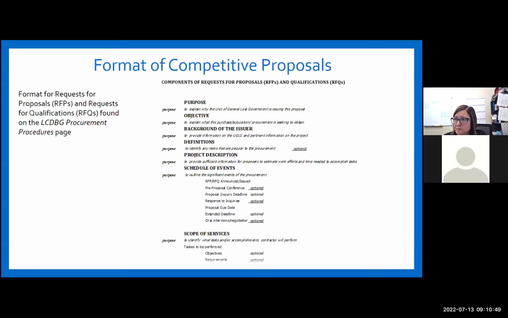So the first is the purpose of the procurement, which explains why the unit of general local government is issuing the proposal. The objective explains what this purchase, acquisition, or procurement is seeking to obtain. The background of the issuer is to provide information on the unit of general local government and pertinent information on the project.